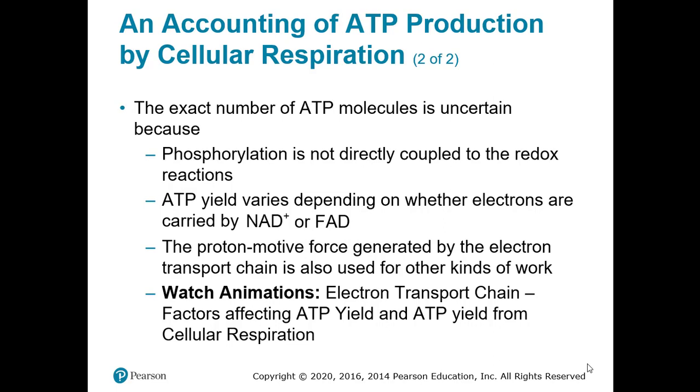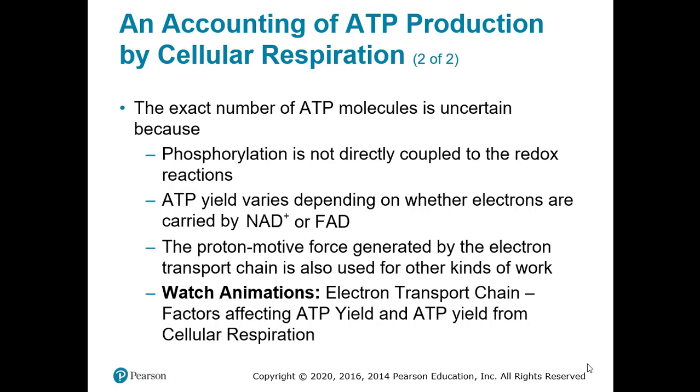So again, the exact number of ATP molecules that we make is not really known. I've seen in books that the overall average is anywhere from 30 to 38. Phosphorylation isn't directly coupled to the redox reaction, so it's not a one-for-one transfer. ATP yields vary depending on whether the electrons were carried by NAD plus or FAD.